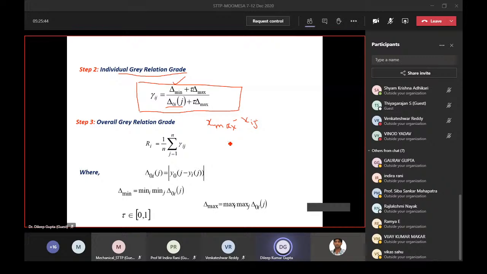And the rest of the things are fine. Tau value is normally taken as 0.5.